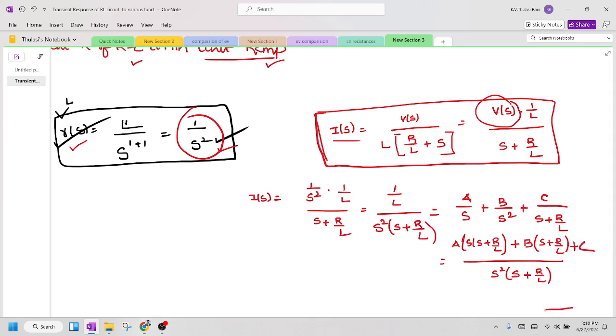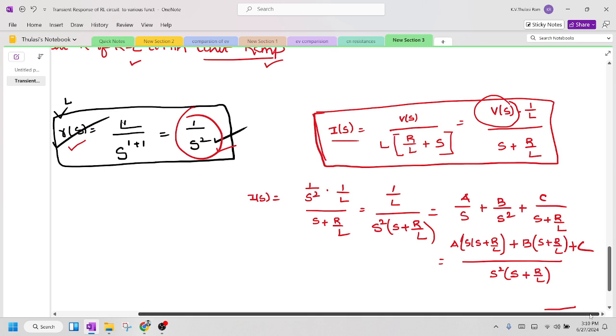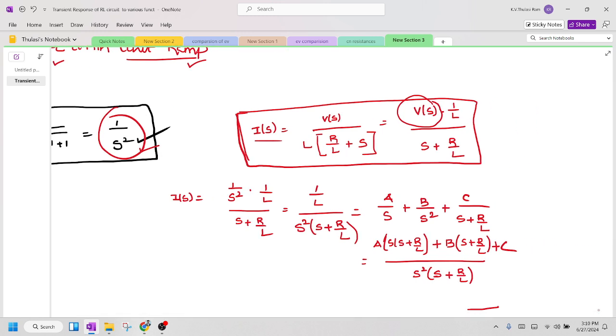C into s², and s into R/L will get cancelled out. This is how the equation we are going to get, and the denominator term will get cancelled. In order to find A, B, C, let us assume s = 0. When s = 0, automatically the C term will become 0.